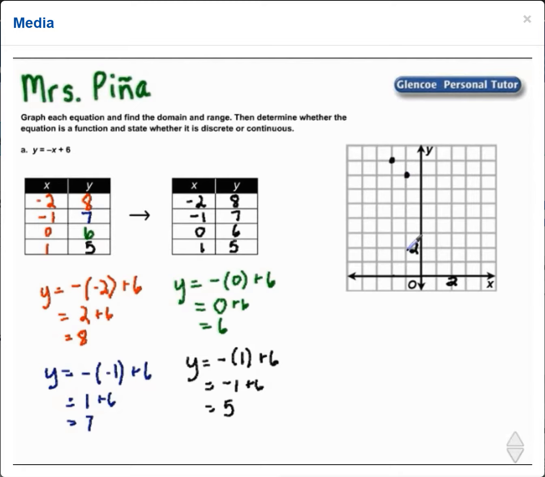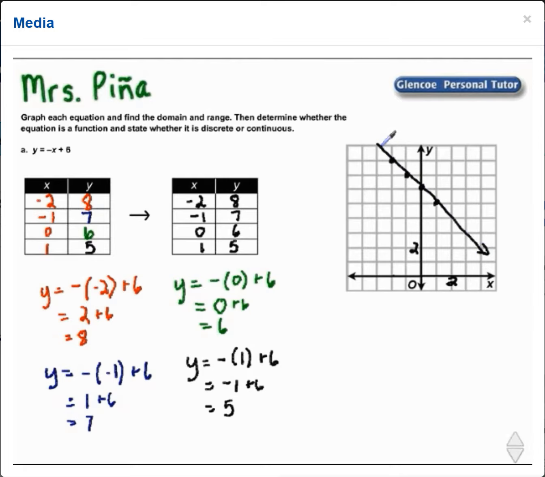And always recount on that second point to double check, 1, 2, 3, 4, 5, 6, 7, that you've plotted correctly. 0, 6. So on the y-axis, I will have the point of 6, and 1, 5. Right 1, up 5.